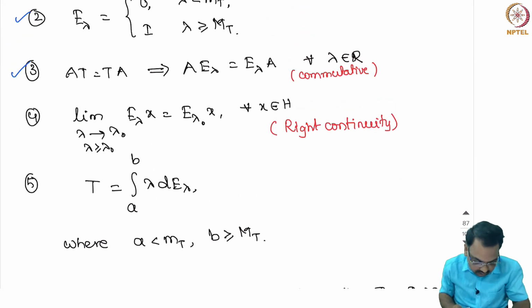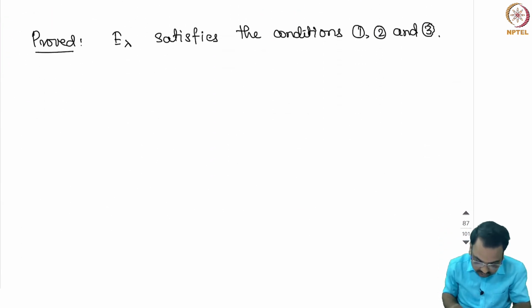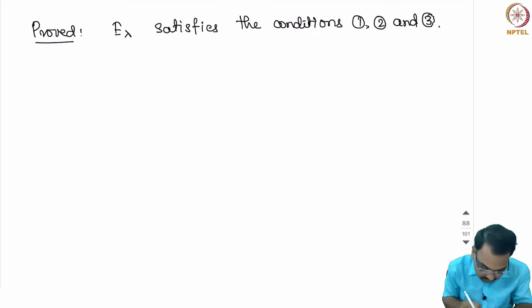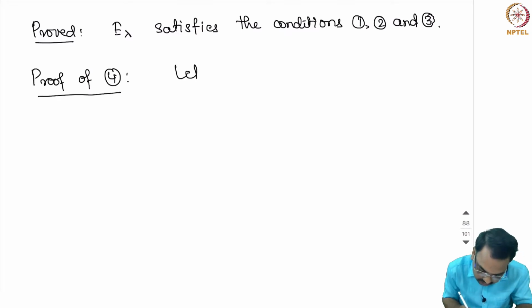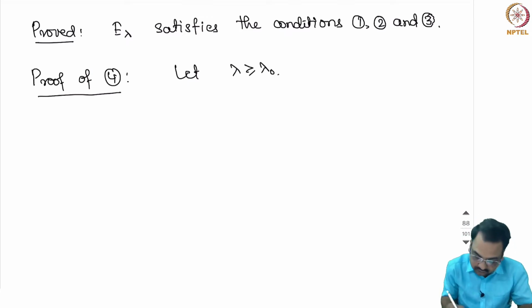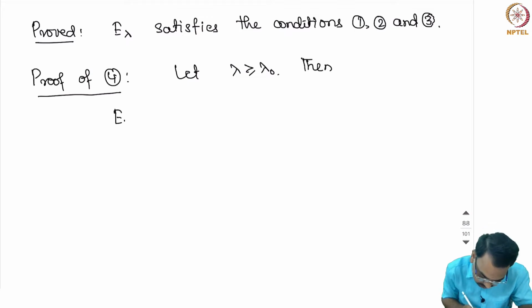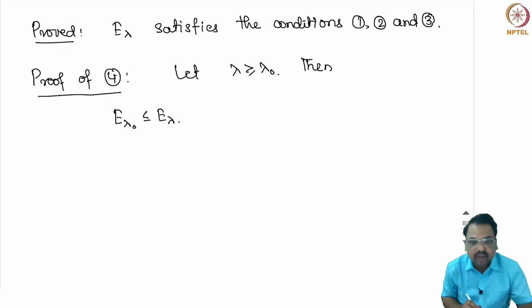Now we want to show that the fourth and fifth conditions are satisfied. Let us look at the proof of 4. So let us take lambda bigger than or equal to lambda naught. Then we have E lambda naught is less than or equal to E lambda.